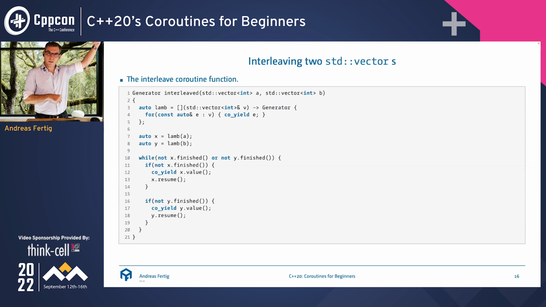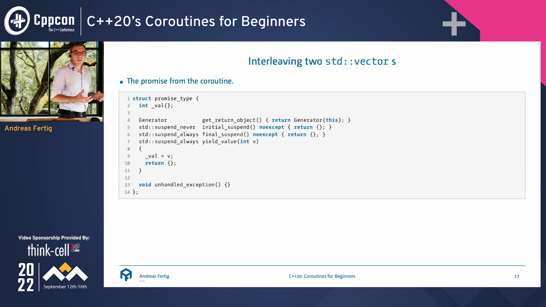Okay, so this is the complete way now outside. And after that, in line number 13, X gets resumed. And then in line number 16, I'm doing the exact same thing for epsilon. So we can see our generator comes with the functions finished, value, and resume to make it a little bit more beautiful using this coroutine at this point.